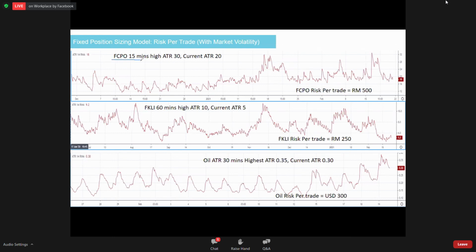Look at this ATR on FCPO 15 minutes. The reading is 18. It means for every 15-minute candle in the FCPO market, the potential range will be 18 points. Not necessarily the high-low range; it's actually this bar's close compared to the previous bar's high or low, depending on the maximum of the range.